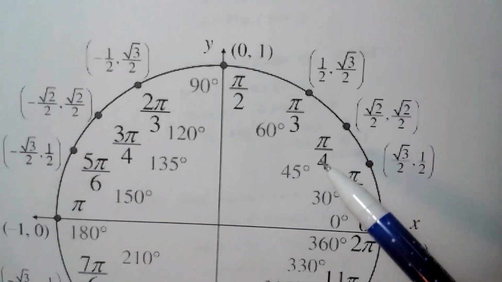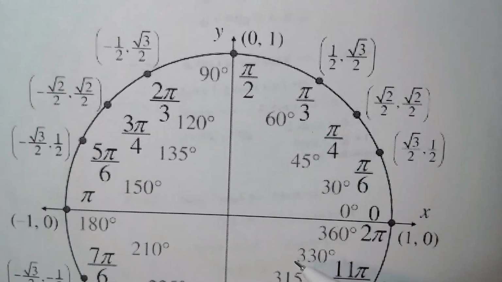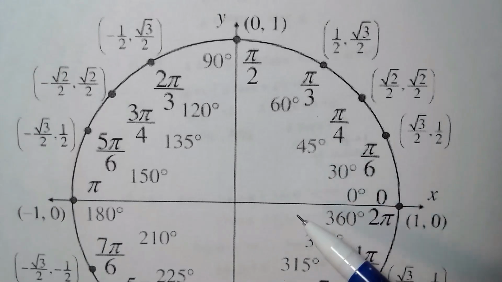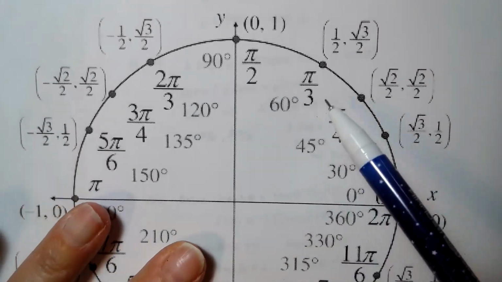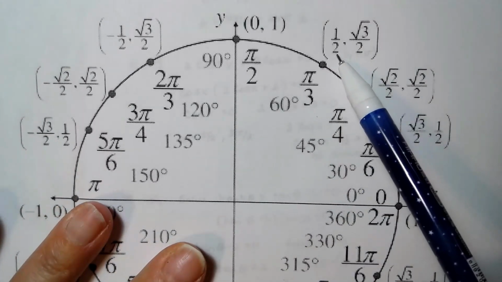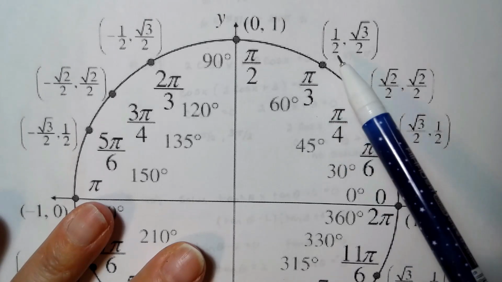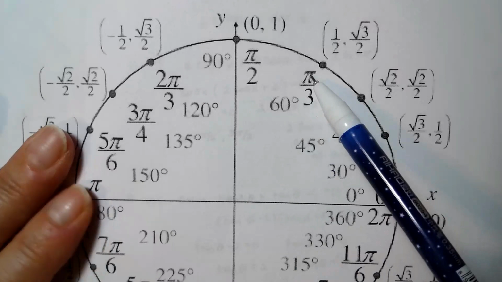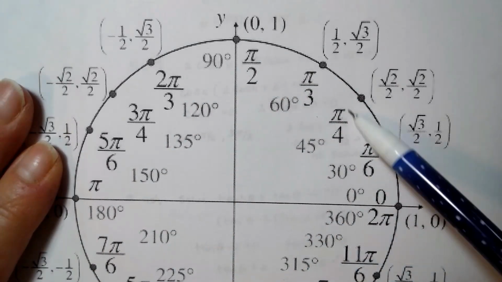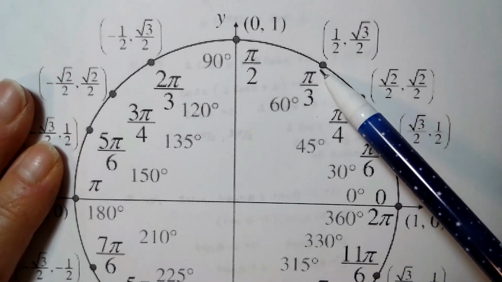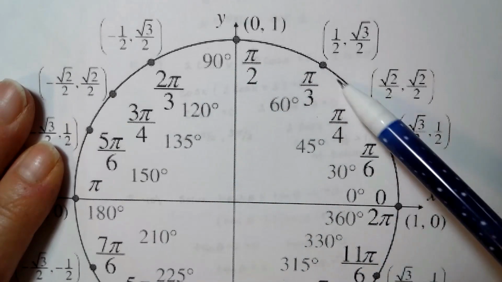Well, the cosine is positive in quadrant 1 and quadrant 4, right? Those are the two quadrants the cosine is positive in. In quadrant 1, the cosine, which is the x value, is 1/2 at pi over 3. If this is my angle pi over 3, and I add 2 pi, if n is 1, then I end up here again.